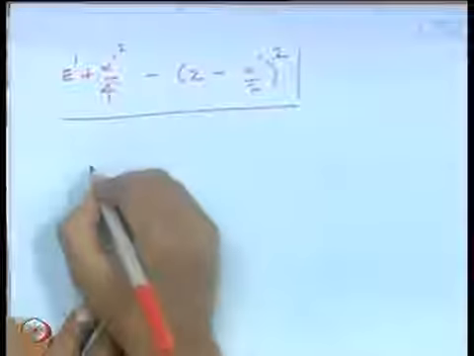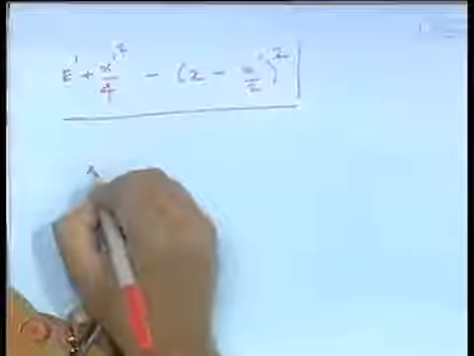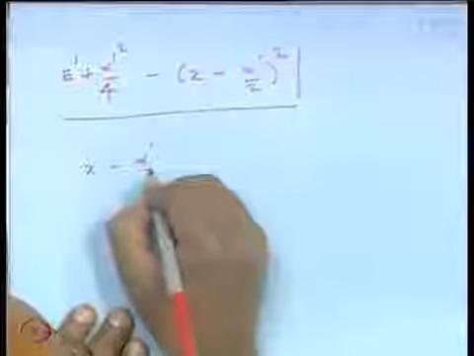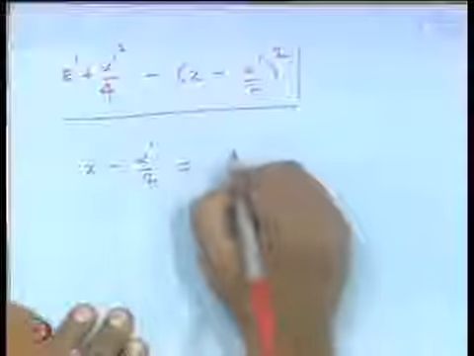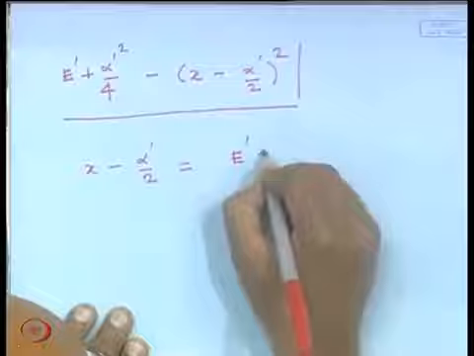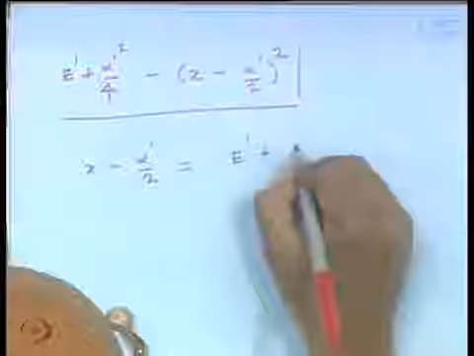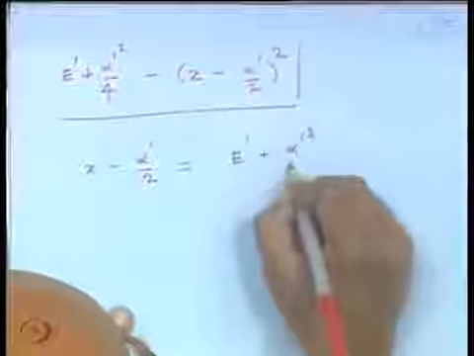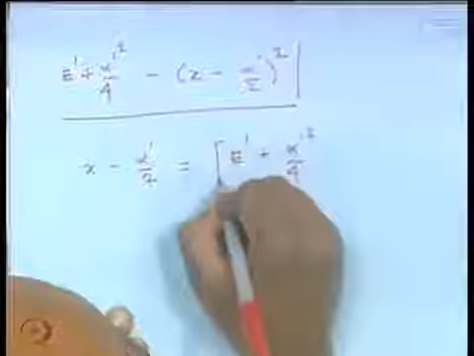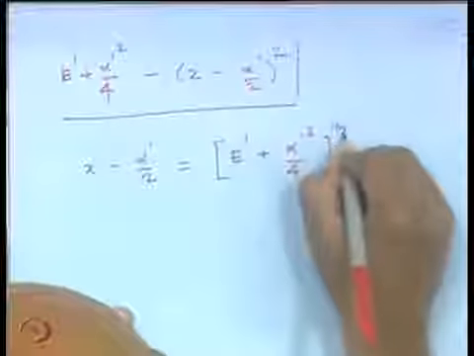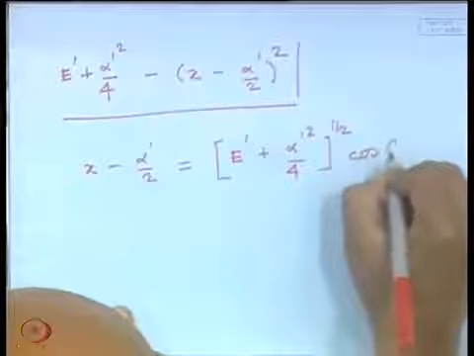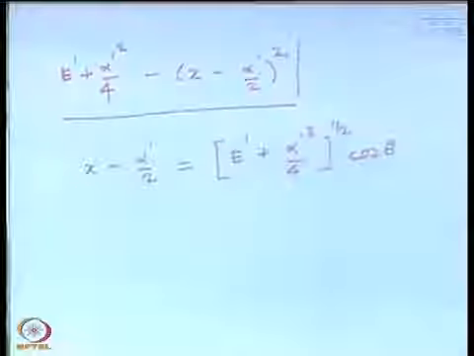What we will do is we will say that x minus alpha prime by 2 is equal to E prime plus alpha prime squared by 4, to the power of half, cos theta. With this substitution, this is quite straightforward now.